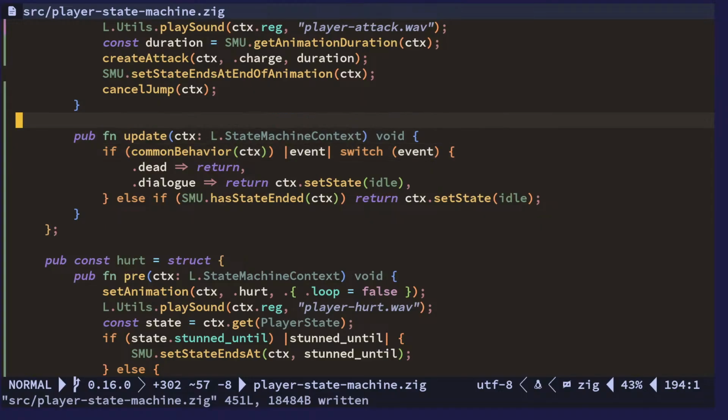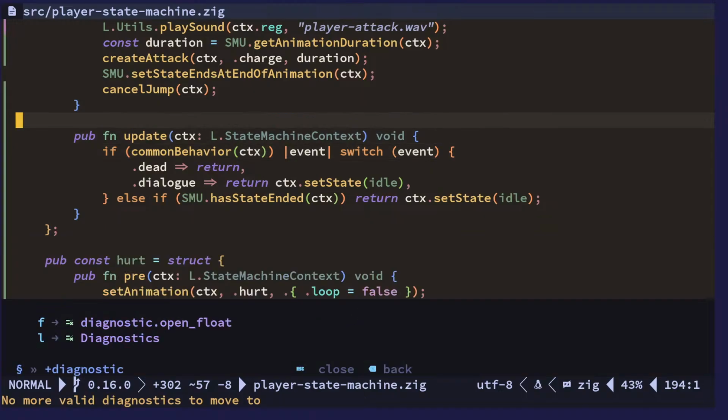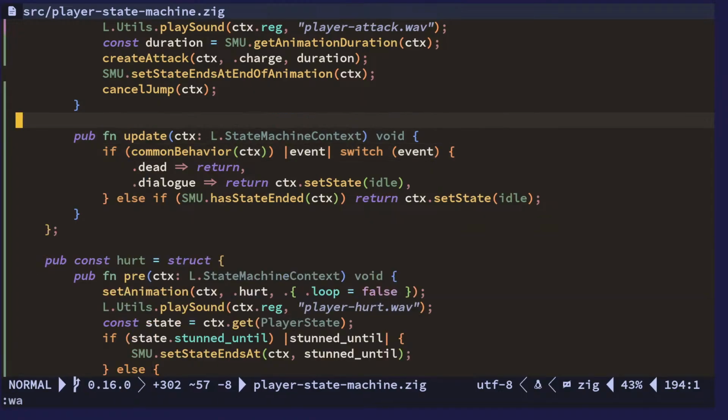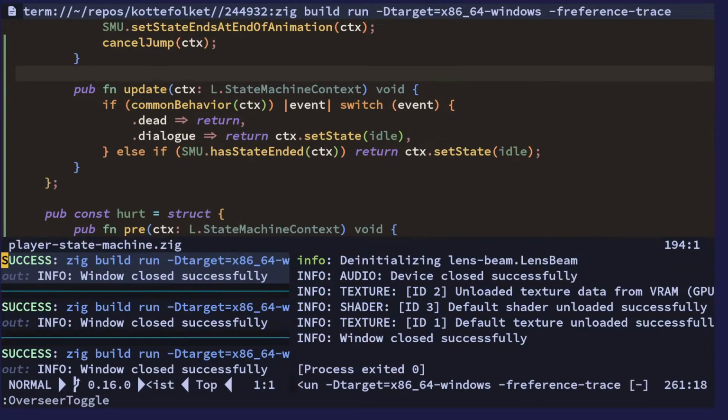There we go. Okay, so now when you charge and happen to also hold the jump button to have initiated a jump and you do a charge attack, it doesn't get stuck in the jump. If you release jump, it will cancel the jump, so you won't even get the full jump.